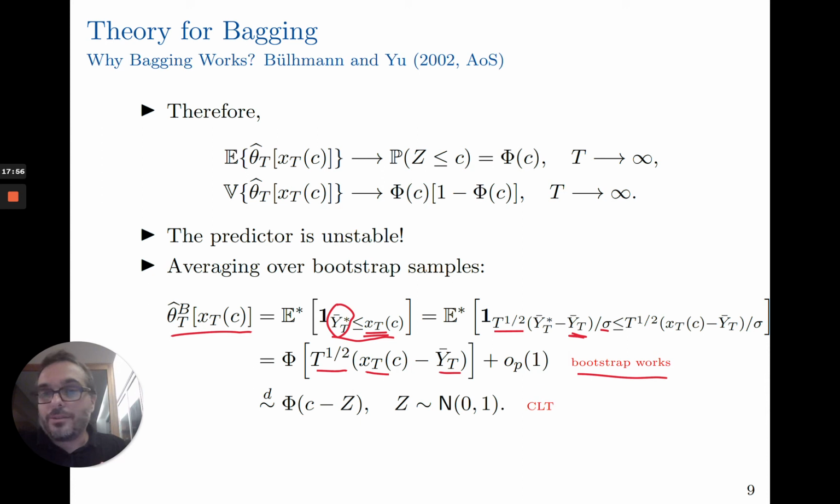And from the central limit theorem, we know that there is convergence in distribution to this quantity here. So this is just the cumulative distribution of a normal evaluated at c minus a random term that's a normal 0, 1. And this is just an application of the CLT.